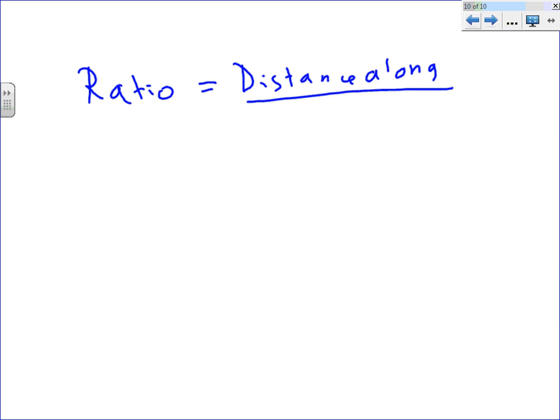A good ratio, guys, and you can play with it, is called the ratio of distance along to mounting height. Distance along divided by mounting height.